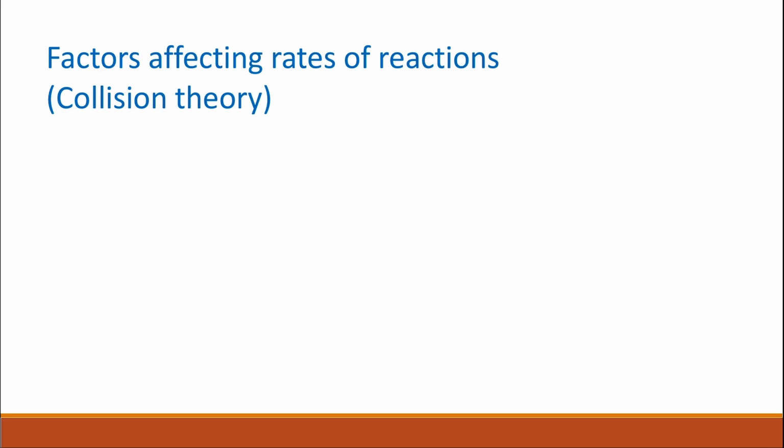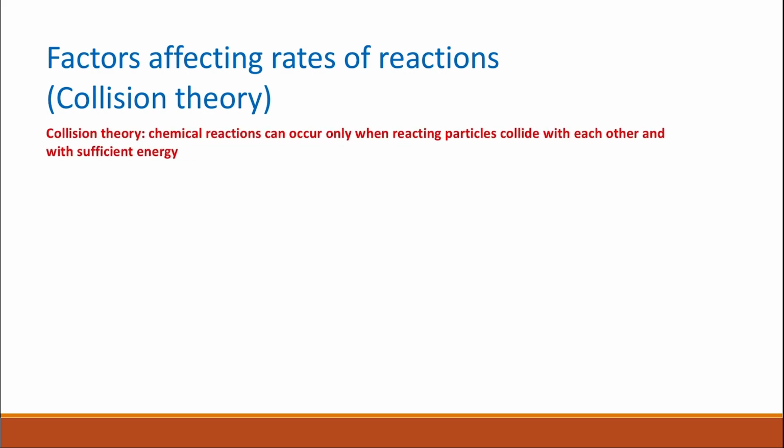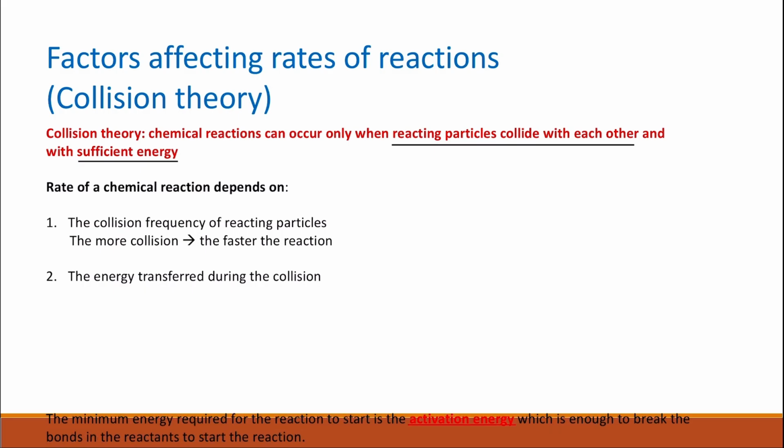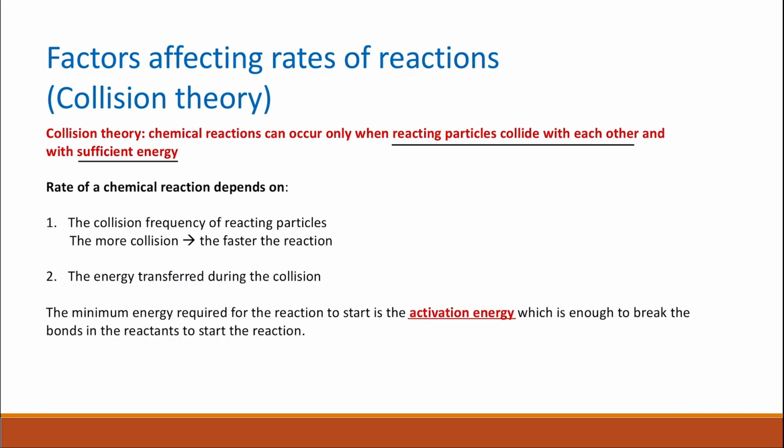There are some factors that affect the rate of the reaction. According to the collision theory, a chemical reaction can occur only when reacting particles collide with each other and with sufficient energy. So any factor that will increase the rate of collision or increase the energy with which particles collide will increase the rate of the reaction.